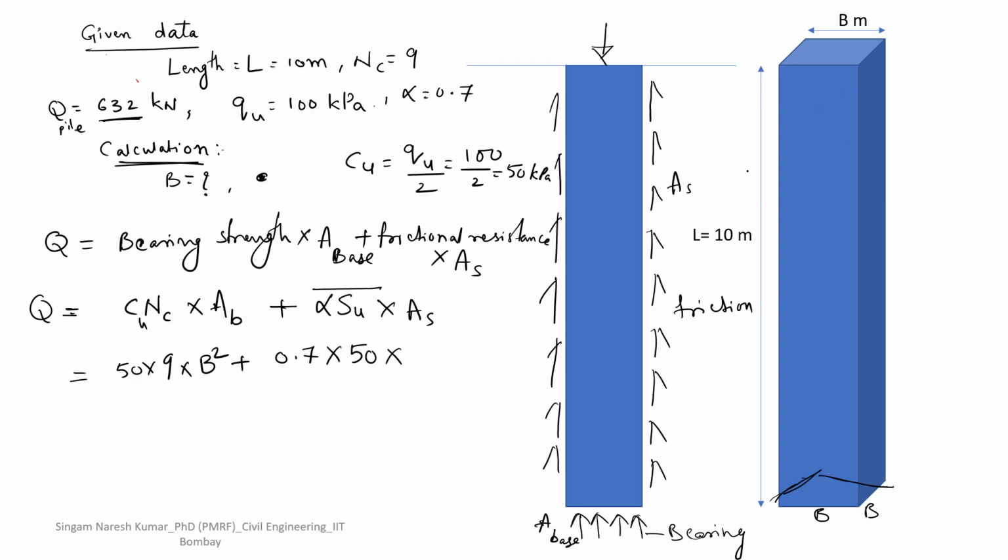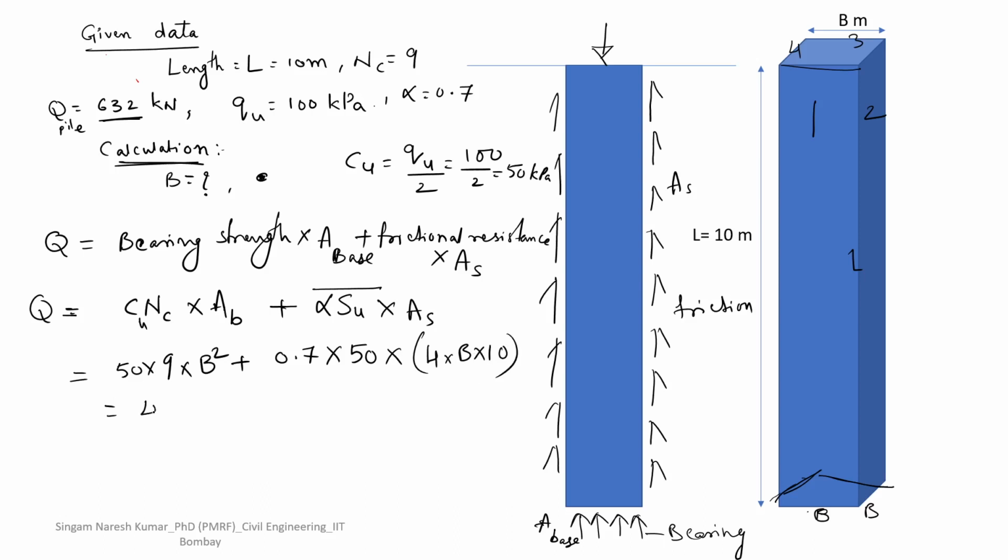And AS, what is AS? The surface area along the pile depth. How many faces are there along the depth? There is 1, 2, backside of 1 is 3, and backside of 2 is 4. There are 4 surfaces, each surface area equal to width into length. So 4 into B into 10, right?